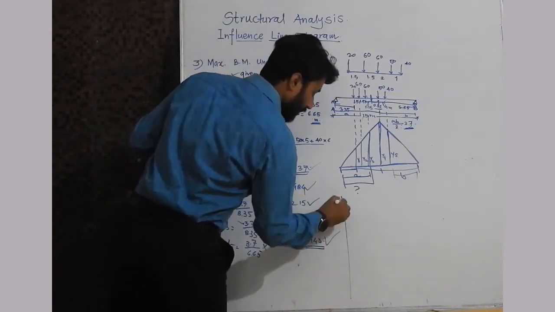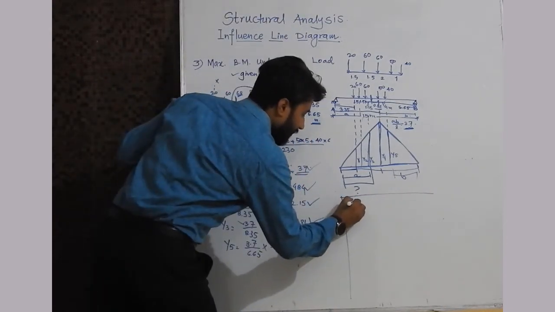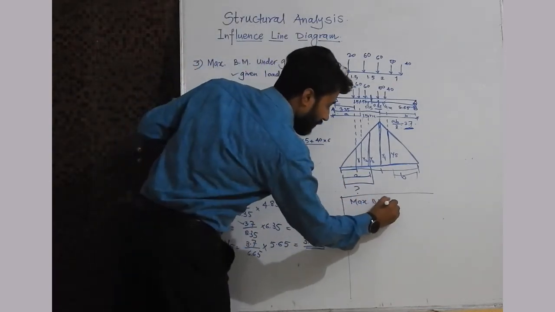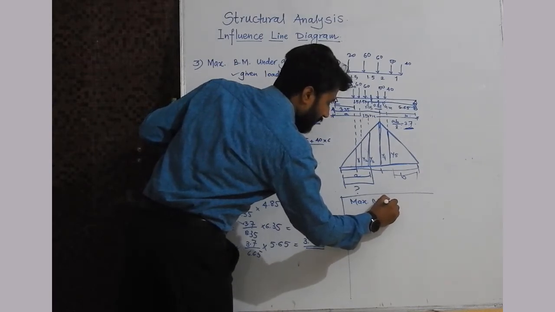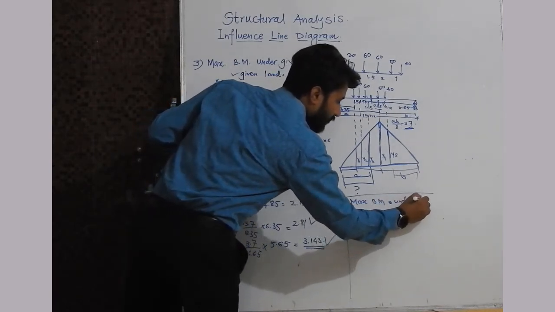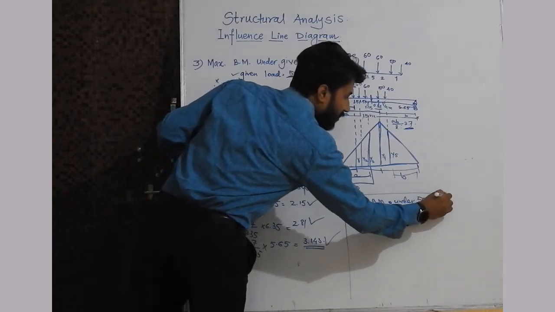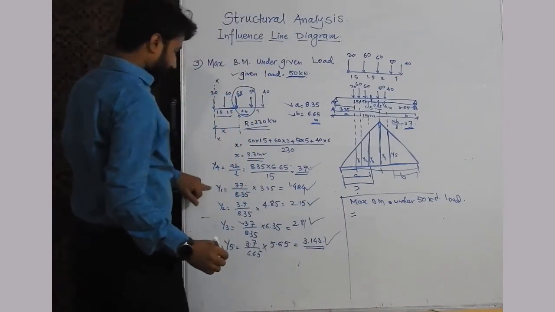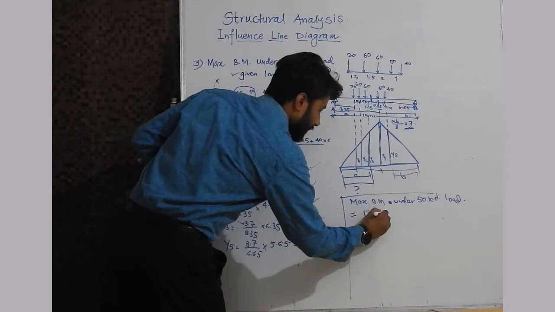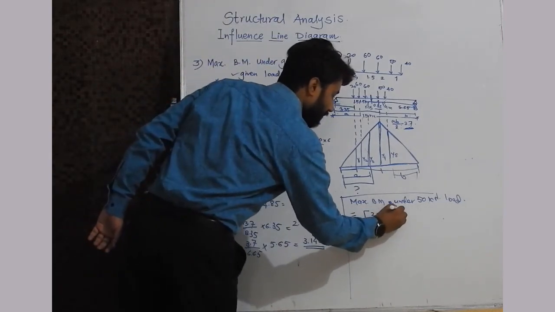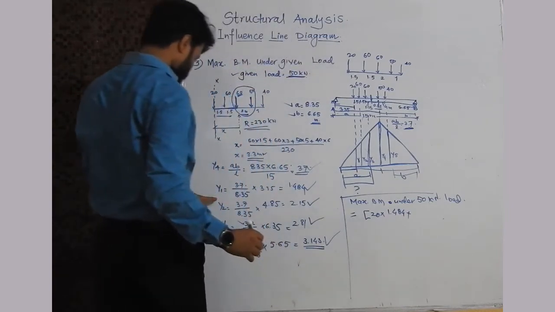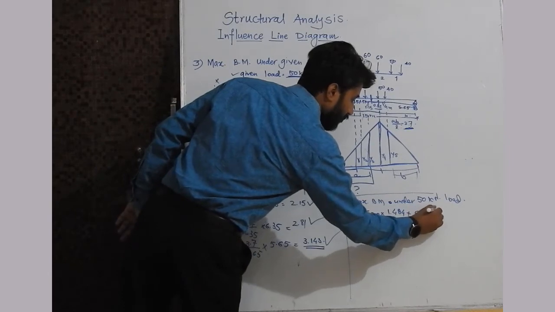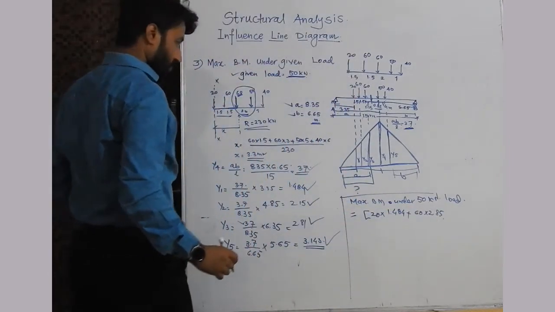Now we will take these values for calculation of maximum bending moment under given load. So I am just calculating here. Maximum bending moment under 50 kilonewton load will be equal to 20 into y1, which is 1.484, plus y2, which is 60 into 2.15.